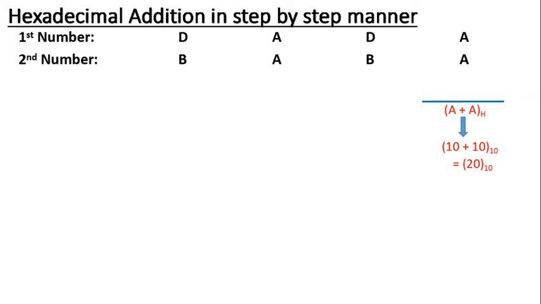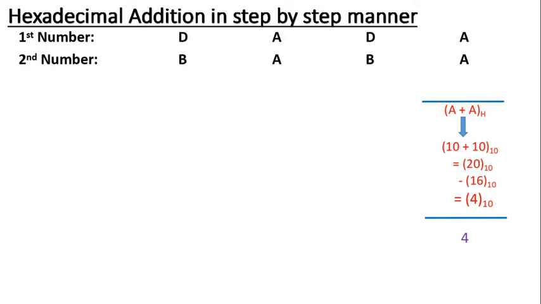And what is that correction? It is subtraction of the base of the hexadecimal system, which is 16, from the result generated. That's why the subtraction is shown here: 20 decimal minus 16 decimal, the base has been subtracted, giving 4 decimal.